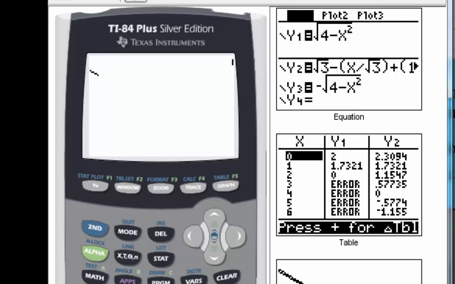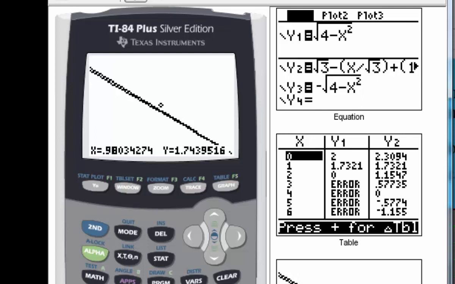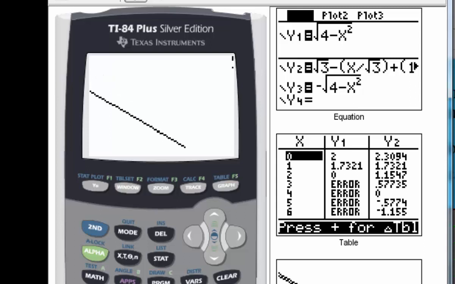I'm going to zoom in one more time. And it appears, there's the circle right there. It appears it's a straight line. We have zoomed in so many times that the graph actually looks like it's a straight line. That's the idea behind this other technique we're going to use. I'm zooming in one more time.